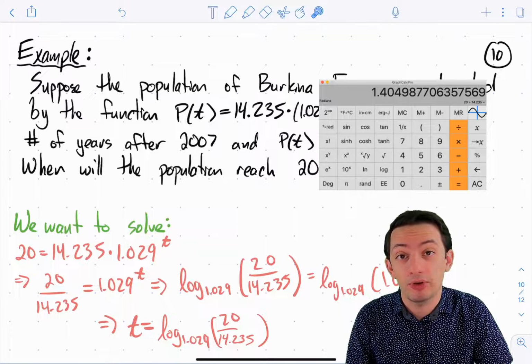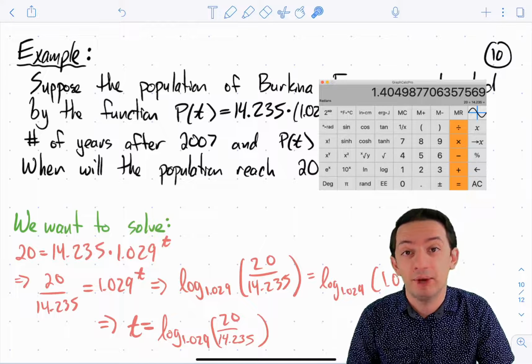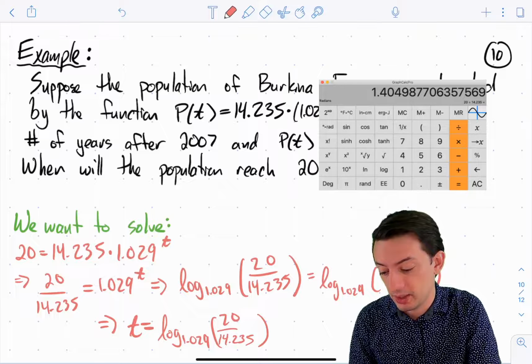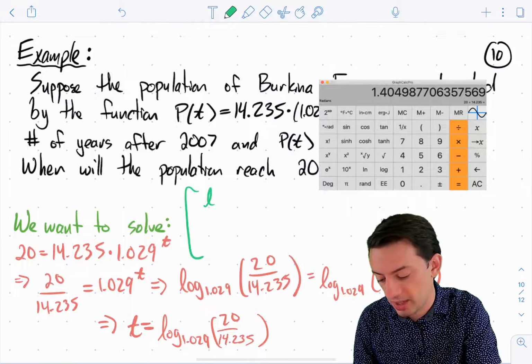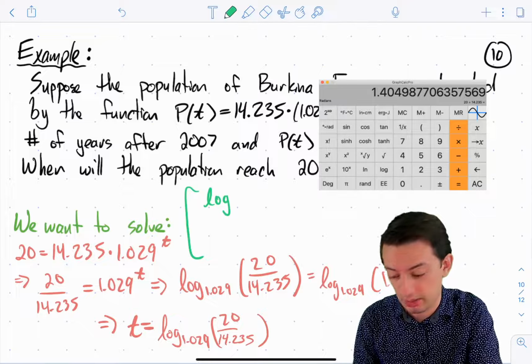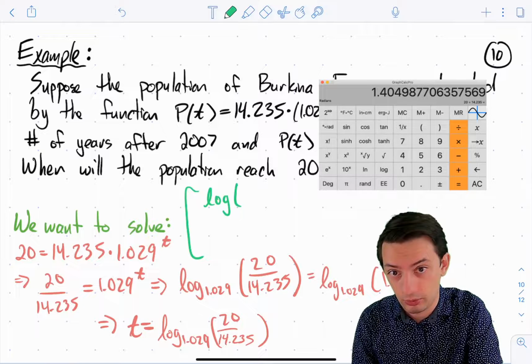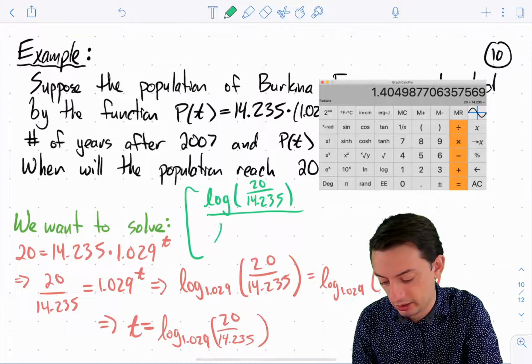But remember, the problem is that I don't have a log base 1.029 button on my calculator. So we need to use the change of base formula. That means we're going to calculate instead log base 10, because I have a log base 10 button, of the inside. So that's, well, I'll just write it as 20 over 14.235 divided by log base 10 of 1.029.